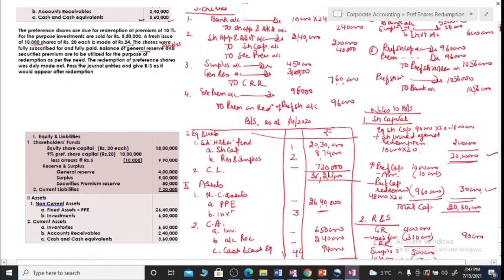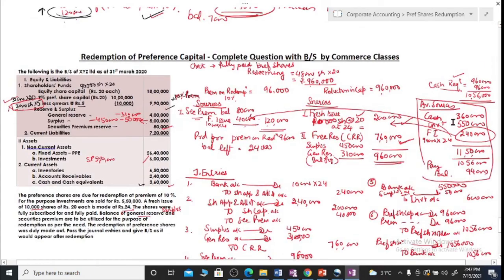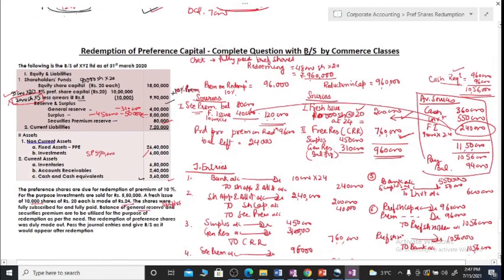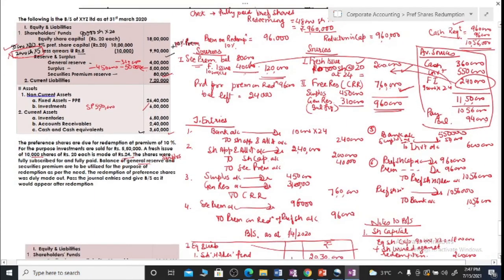Alright, so what we have done here is we have simply looked into the conditions. According to conditions, we provided for the sources and then we passed entries. If you do not want to pass entries in this order according to the working notes, what you can do is go through the question, pick up each and every transaction and start passing entries. That can also be done. It's up to you.